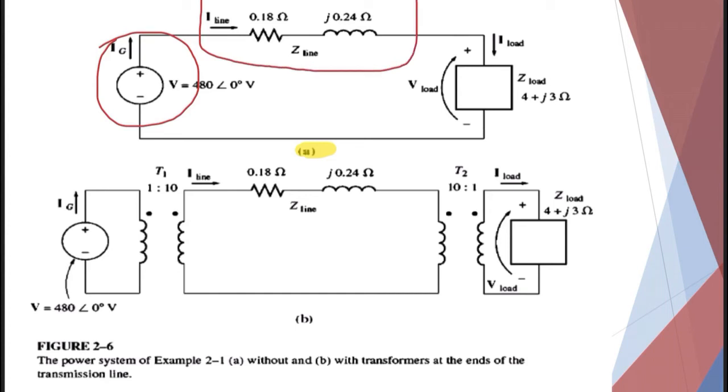We have the current I line, Z line 0.18 + j0.24 ohm, and this is the load here. Z load 4 plus j3 ohm.